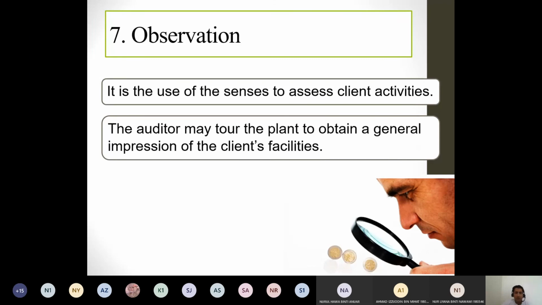Okay, number 7 is observation. It is about the auditor coming to observe the process and operation of the company.